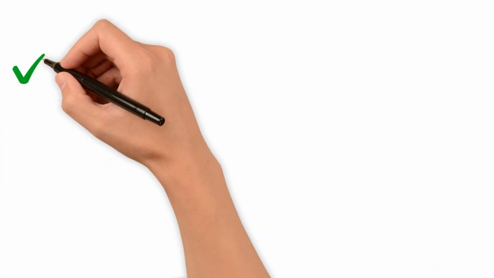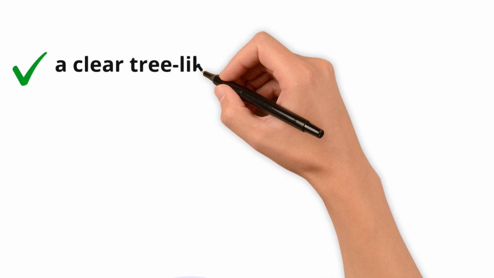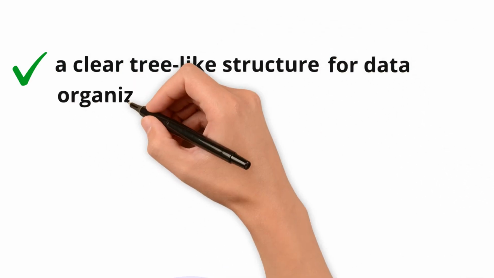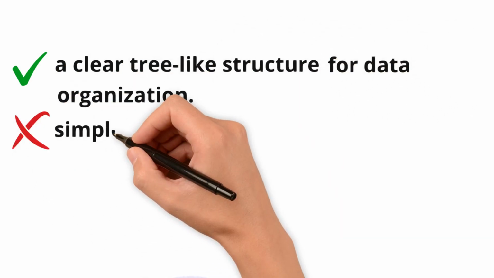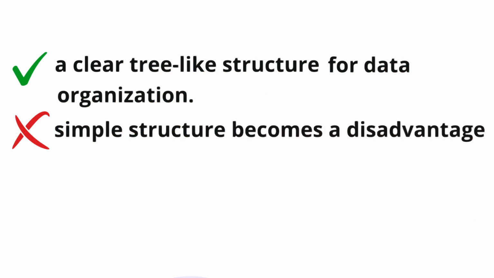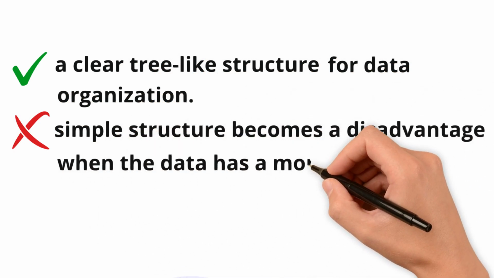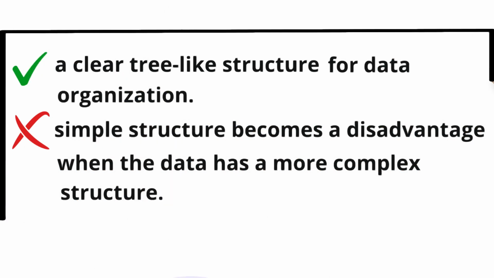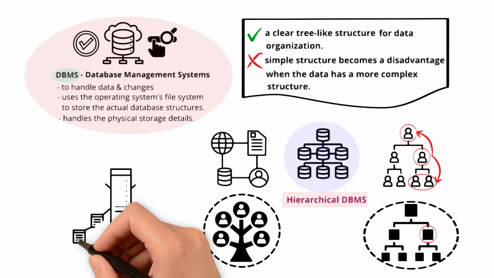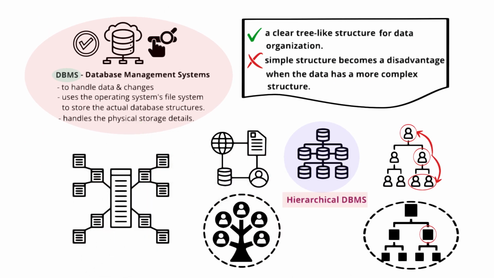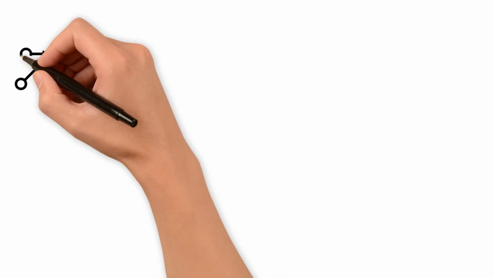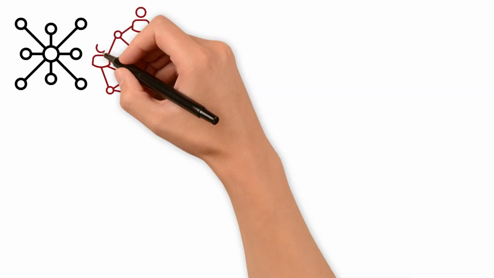Hierarchical databases offer a clear tree like structure for data organization. However, their simple structure becomes a disadvantage when the data has a more complex structure. A new network data model was developed to handle the complex structures. It offers a way to organize and manage data focusing on complex relationships.